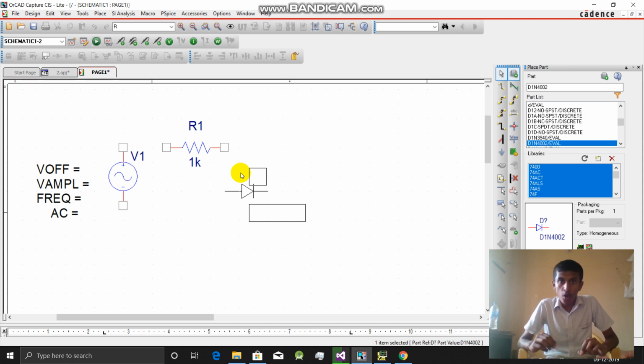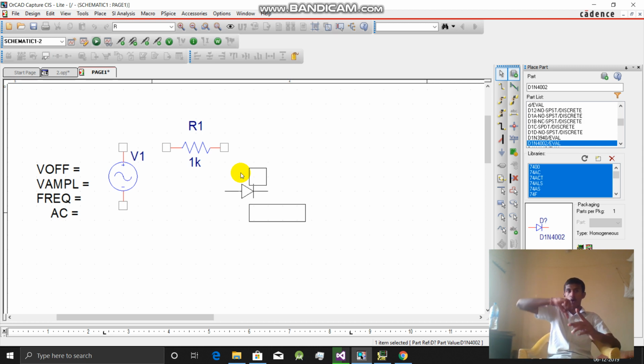So to design a positive clipper circuit, that means we are removing a part of the positive side of a waveform. We need to place the diode in this manner. This is negative.